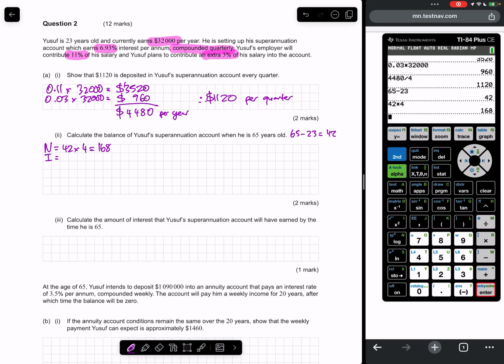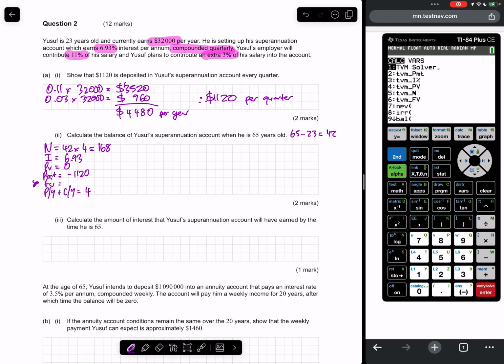The interest rate of the super account was 6.93%. PV doesn't mention that he's starting with anything, so it starts at nothing. PMT, he is putting 1120 in per quarter. The contents is what we are after, so solve for FV. PY and CY are both 4.